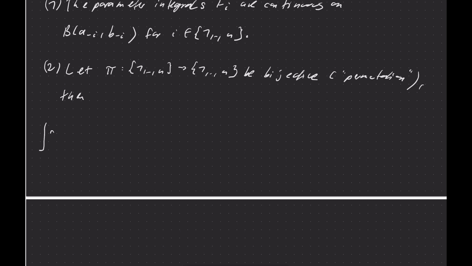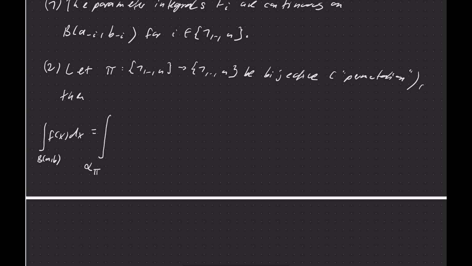The integral of f of x dx over the box BAB is the same as integrating, so as the repeated parameter integrals. So let's say the outer integral is the one over the variable pi 1.